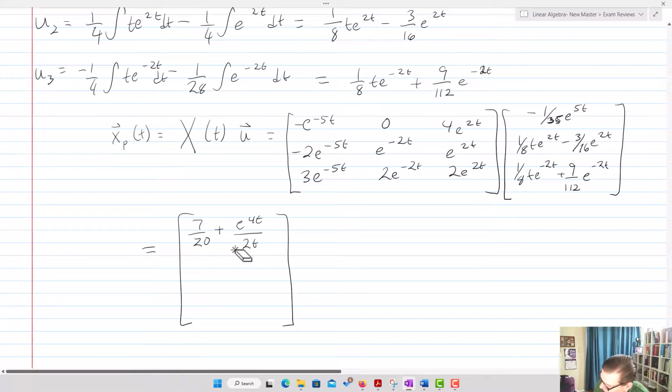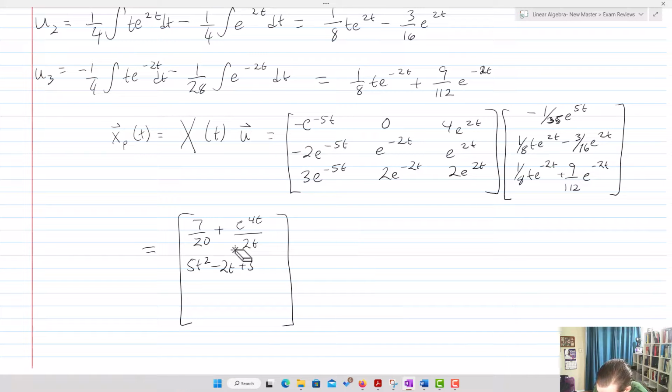Second, we're going to get (5t^2 minus 2t plus 5e^(4t)) all over 20t. And then we'll have (5t^2 minus 6t plus 5e^(4t)) over 20t. Okay? And that ends up equaling xp.